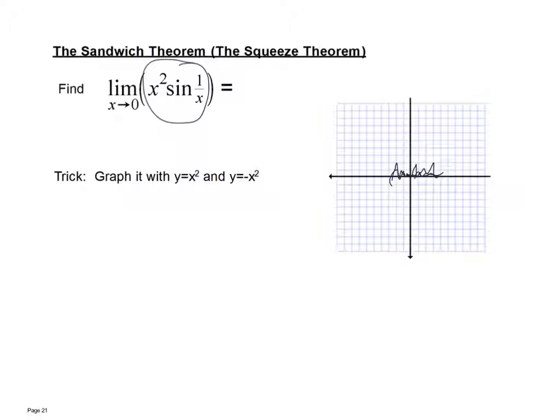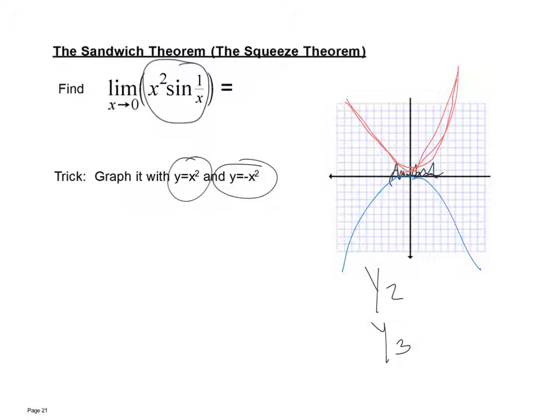Now take that same graph that you've zoomed in on, and put in y2 and y3. Graph these two and see what happens. When I graph this, I got one parabola that goes down to 0, and a bottom parabola that does the same thing.